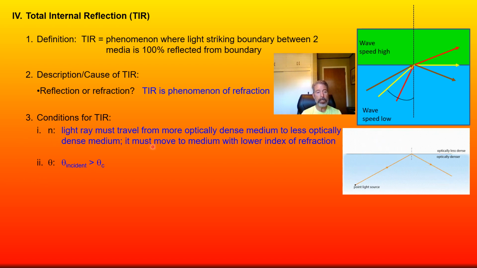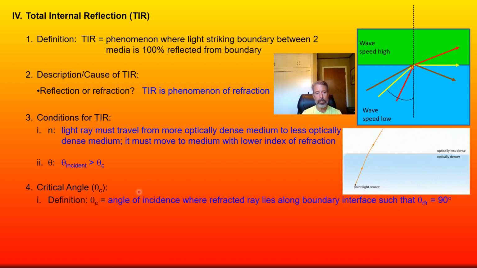So here are the two conditions in which TIR occurs, and we can write a quantitative expression for the critical angle using Snell's law. Once again, we define the critical angle to be the angle of incidence where the refracted ray lies along the boundary of the interface, such that the angle of refraction would be 90 degrees. And when we incorporate that into Snell's law, we can get an expression for the critical angle. So here's our generic expression for Snell's law.